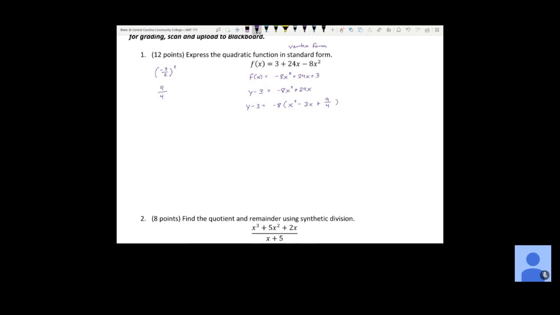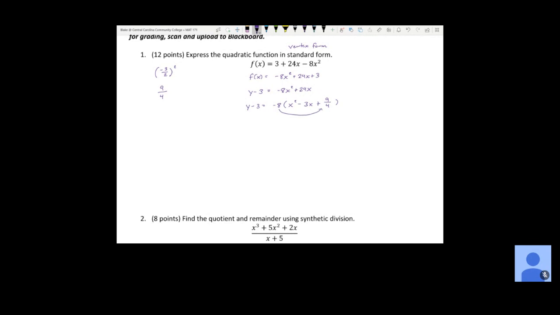Now, if I do that, what else do I have to remember to do now? Whatever we do to one side, we have to do to the other side. So what am I actually putting on the other side now? That's right. It's 9/4 times the negative 8, right? Because remember, this negative 8 would actually get distributed to that 9/4.